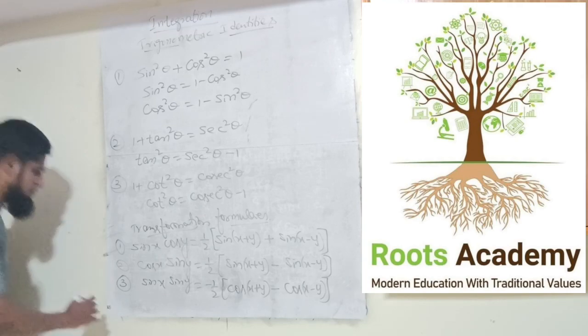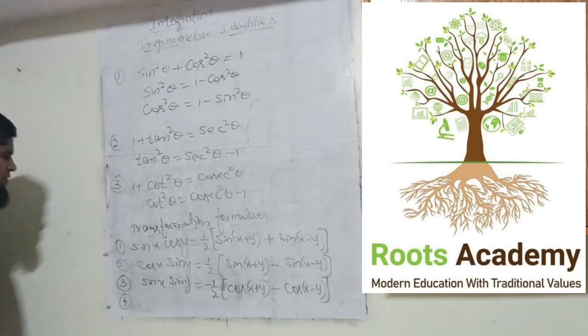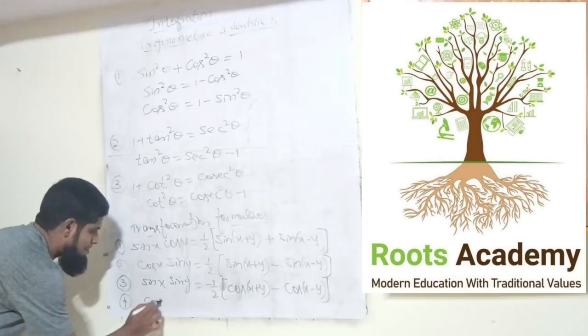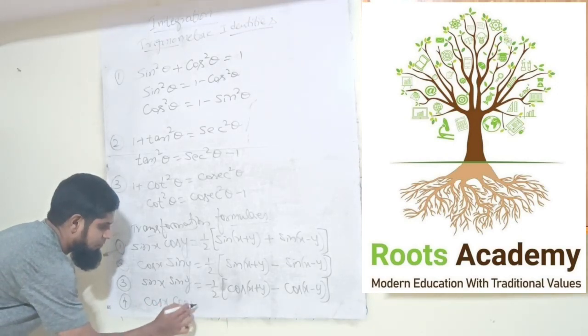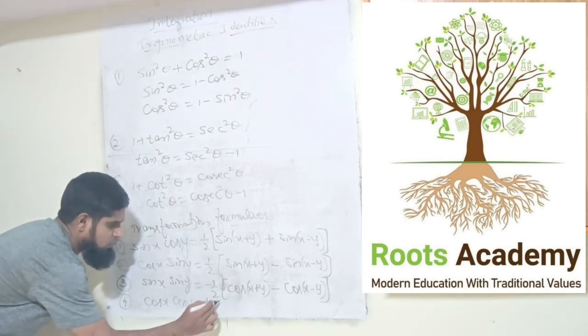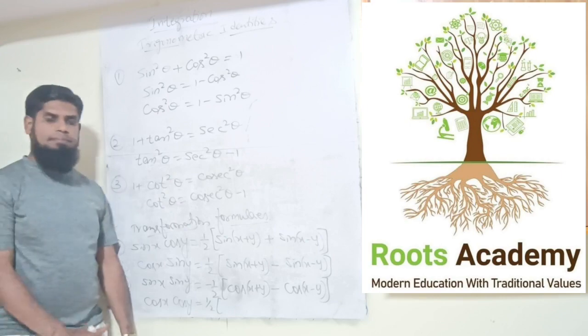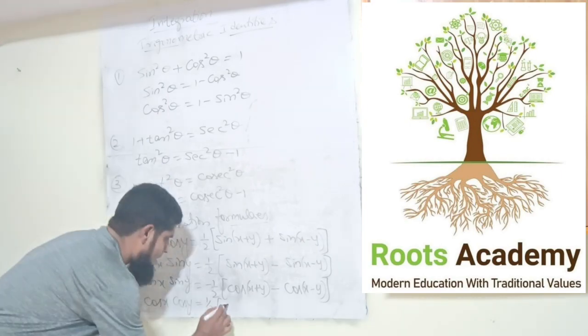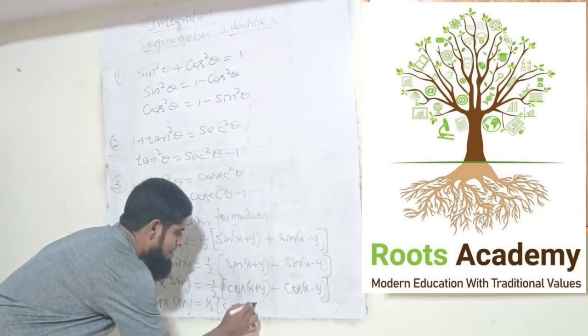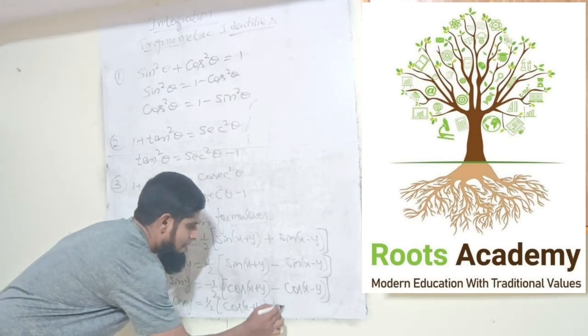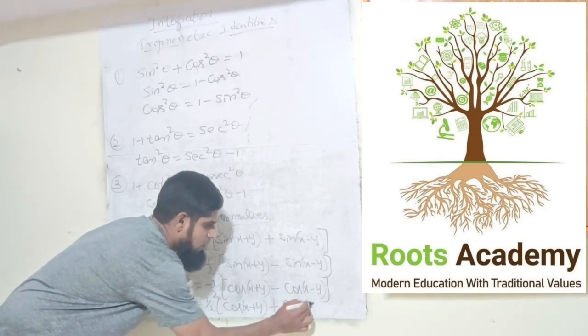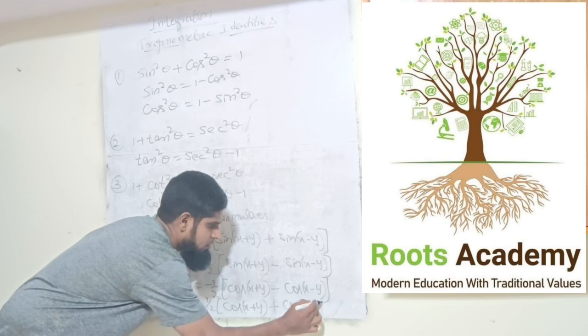And the last, the fourth formula, is cos x cos y is equal to half bracket cos of x plus y plus cos of x minus y.